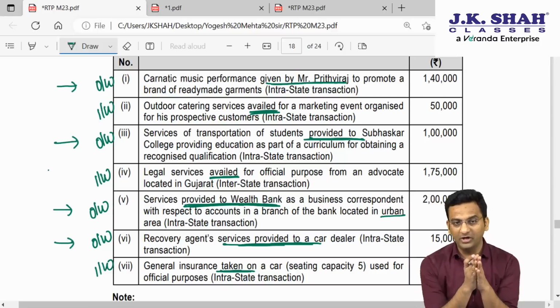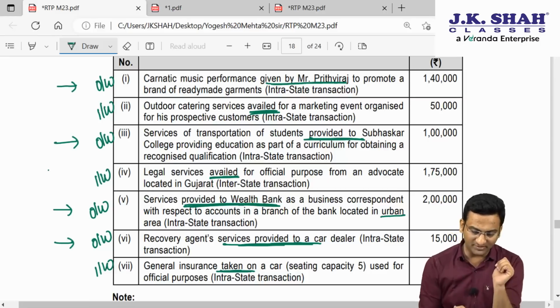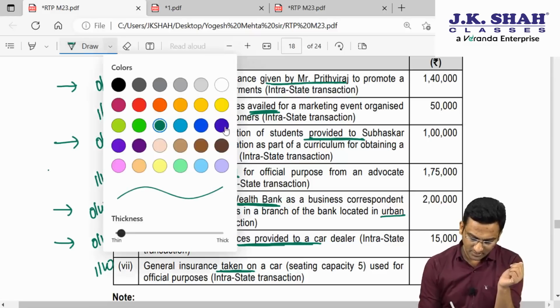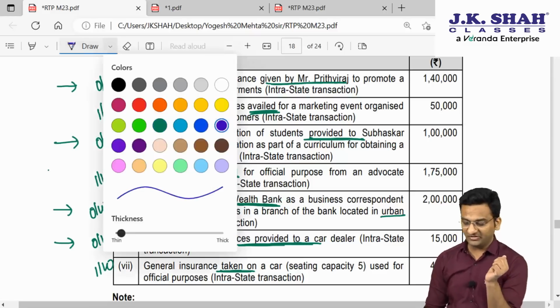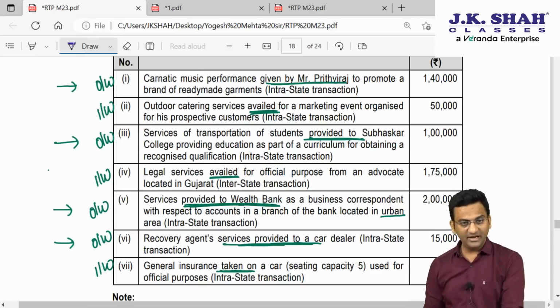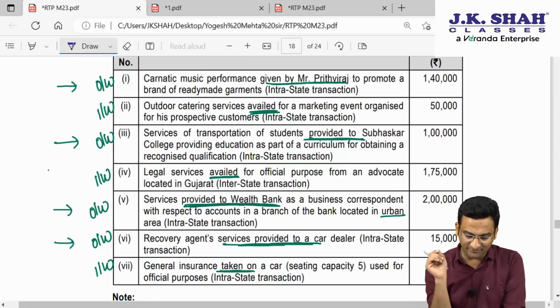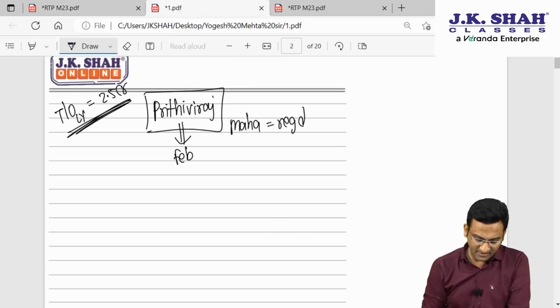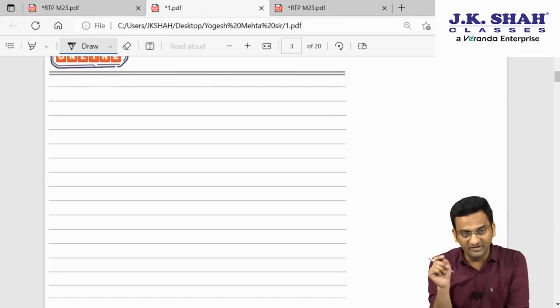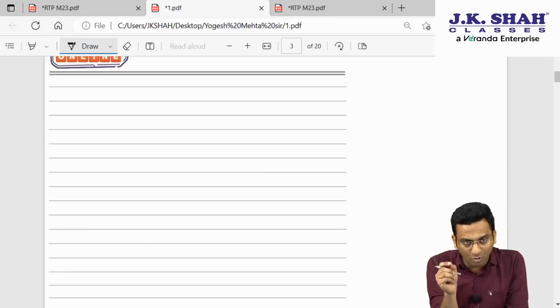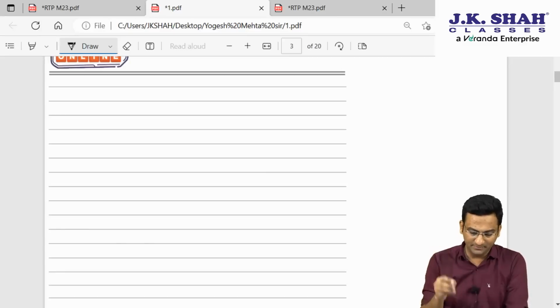So what we are going to do, we are going to have a discussion first on outward supply, and then we'll discuss inward supply, friends, because we have to compute net GST payable. Correct, friends? So let's discuss the outward supply first, and then we'll calculate inward supply, and from the outward supply we'll deduct the inward supply and we'll get the net GST payable.